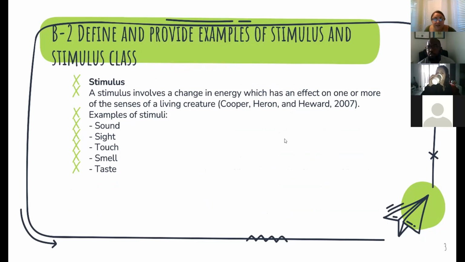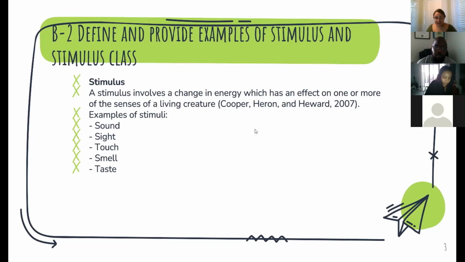Define and provide examples of stimulus and stimulus class. Stimulus involves a change in energy, which has an effect on one or more of the senses in a living creature. Examples can be sound, sight, touch, smell, and taste.